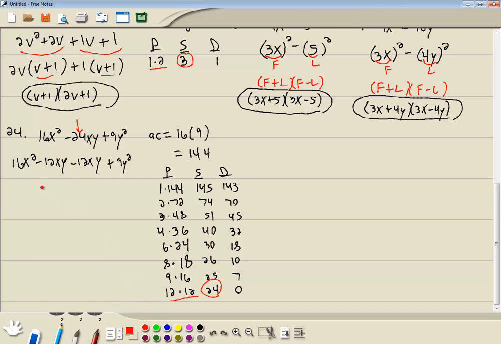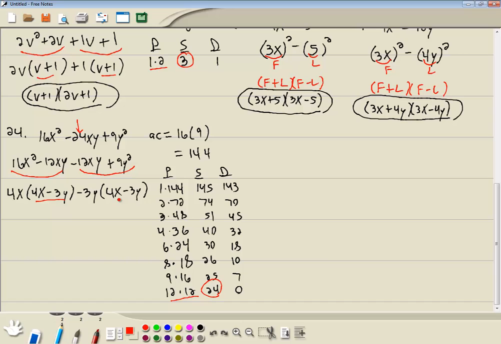Then we want to factor by grouping. So group the first 2 terms together, group the last 2 terms together. The first 2 have a 4x in common, and that gives us 4x minus 3y. The second group has a negative in common, and that gives us 4x minus 3y.